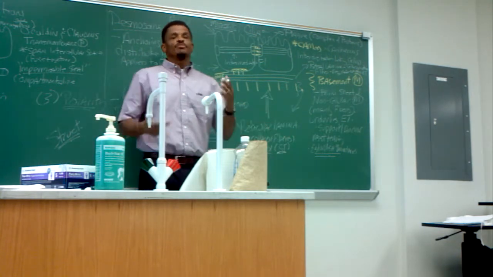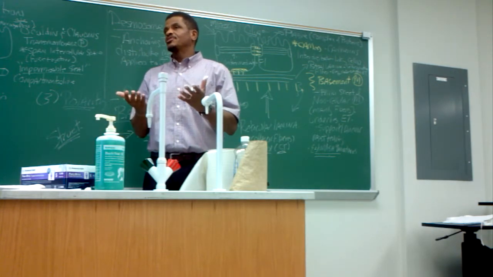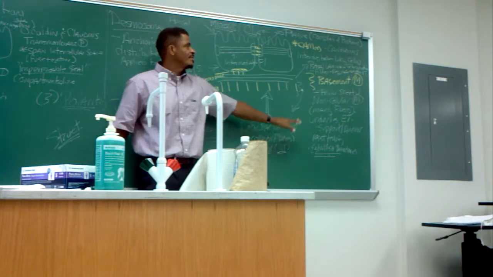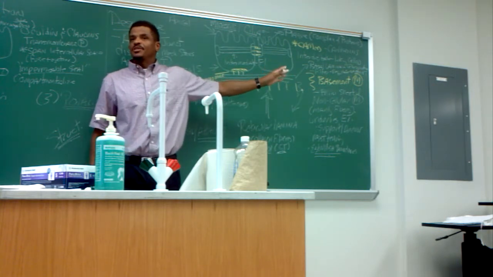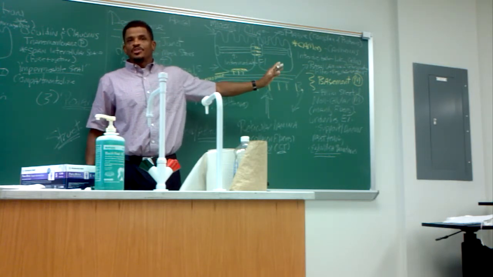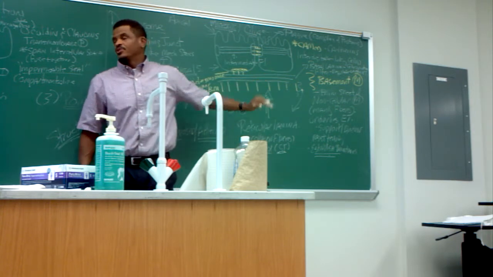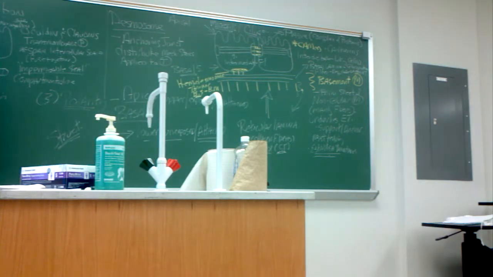Basement membrane. So it's supported by connective tissue. Whenever you find epithelial tissue, you're going to find connective tissue because it's a component of the what? Basement membrane. All right. Also, epithelial tissue is avascular.